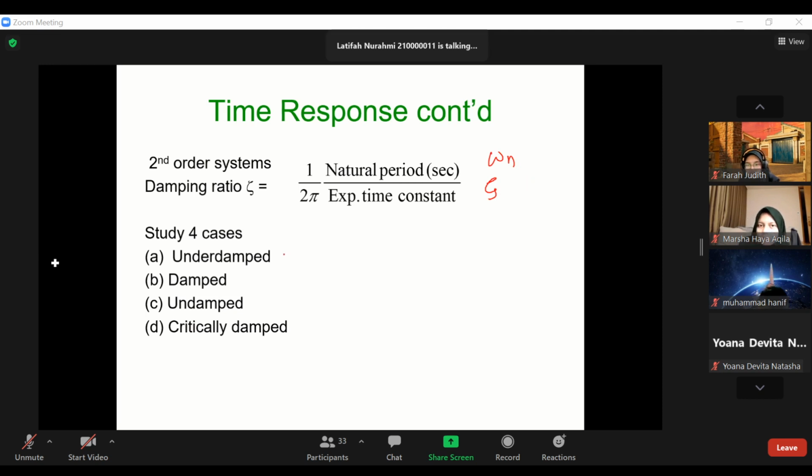And you know that there are underdamped, which is when zeta is between 0 and 1, undamped, zeta equals 0, critically damped, zeta equals 1, and overdamped, which is when zeta is more than 1.